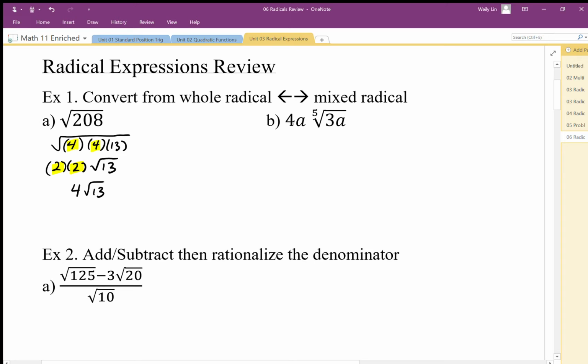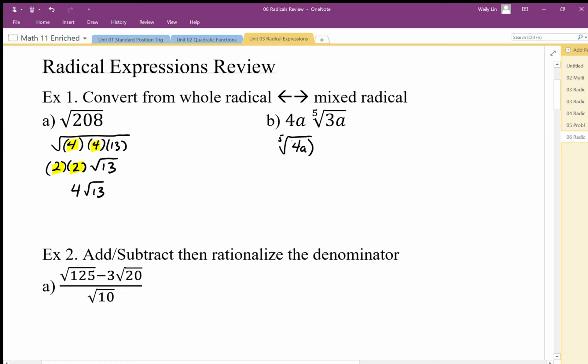To put a mixed radical into a whole or entire radical, we can look at the index here. We have to power the expression up to be able to put it inside. Essentially, we are putting that expression under a fifth root.